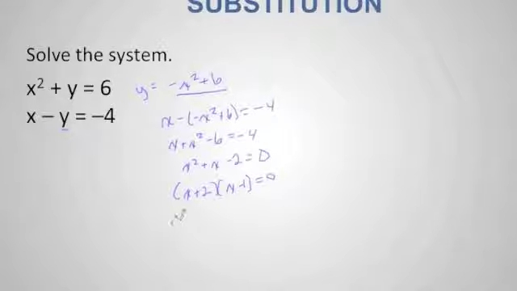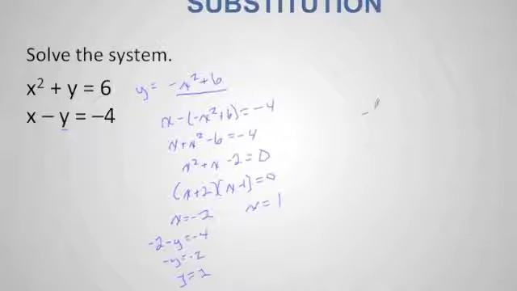So x equals negative 2 and x equals 1. Now we expected two answers for x because we have an x squared. It does give us two separate answers for y. So we'll have negative 2 minus y equals negative 4, or negative y equals negative 2, and y equals 2.